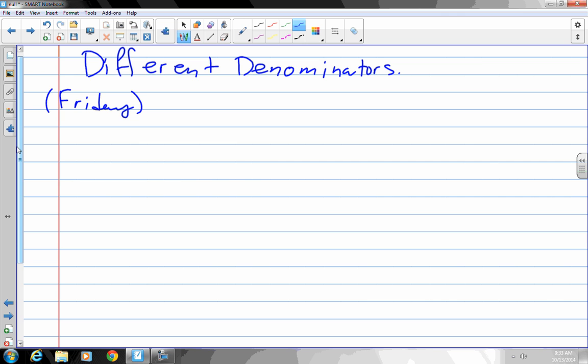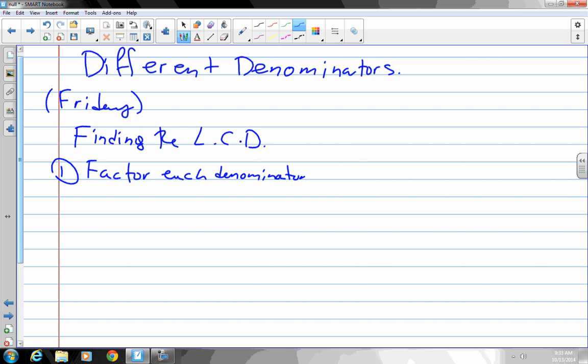We discovered a certain algorithm for finding the least common denominator. The first step was to factor each denominator. That's what we agreed on. Remember, we took 63 and broke it down into a product of primes, and we took 48 and broke it down into a product of primes. Remember that from Friday?